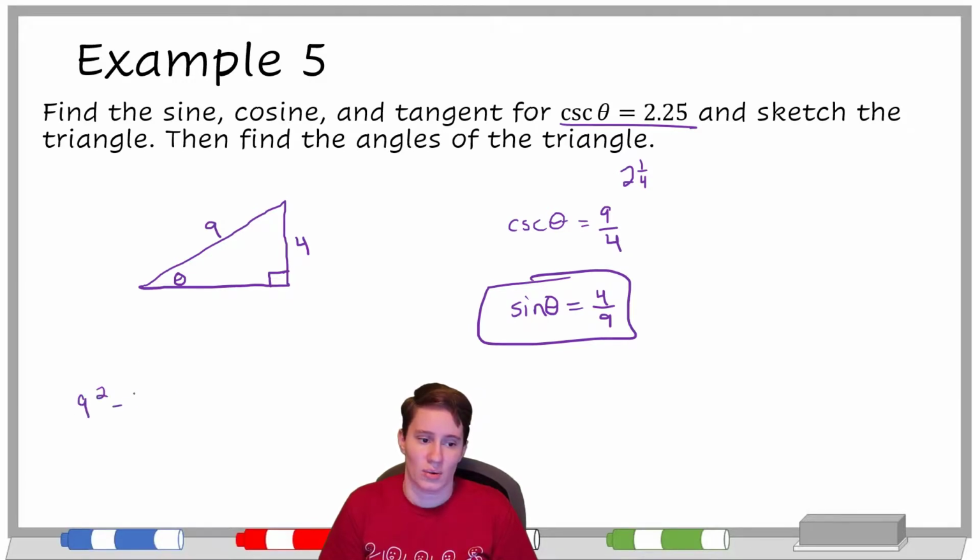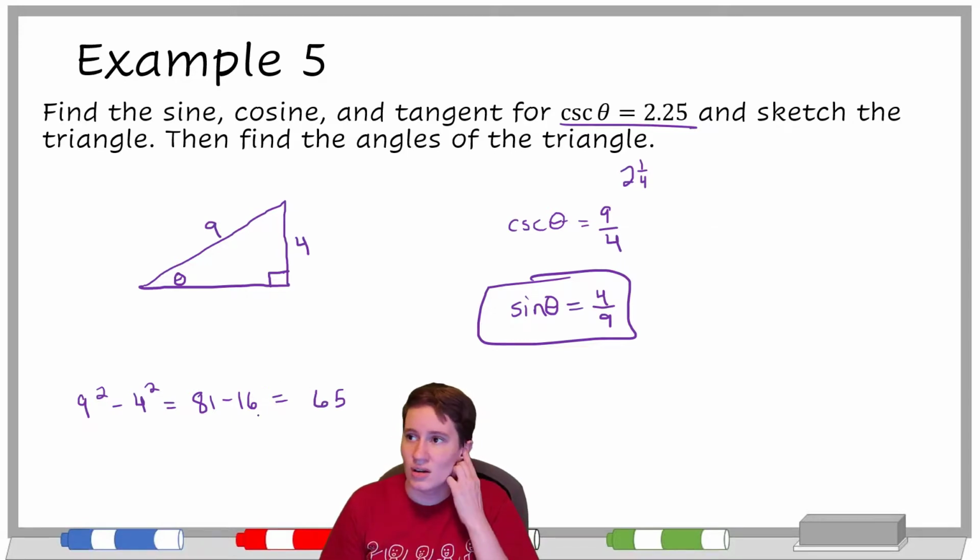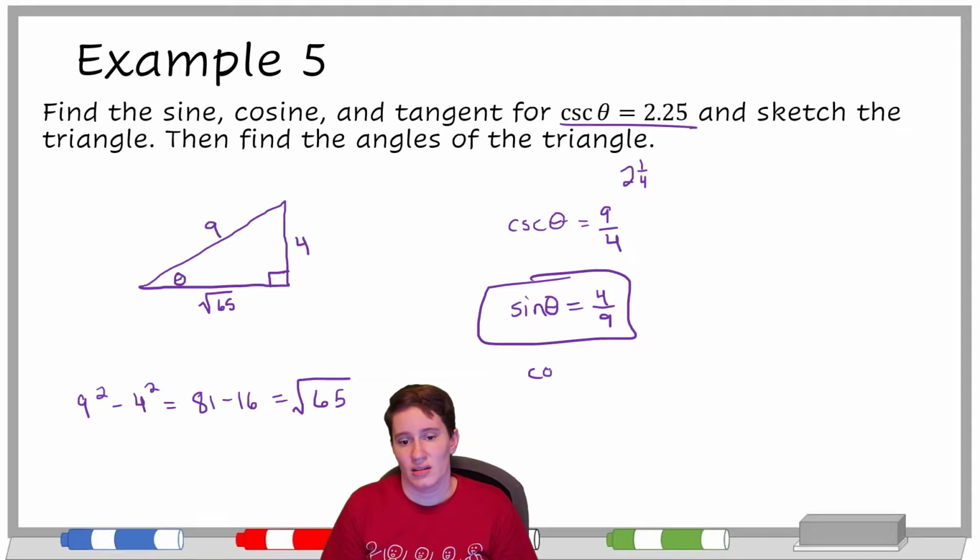So 9 squared minus 4 squared, which is 81 minus 16, which is 65. 65 is 5 times 13, so that does not simplify. So we've got sine.